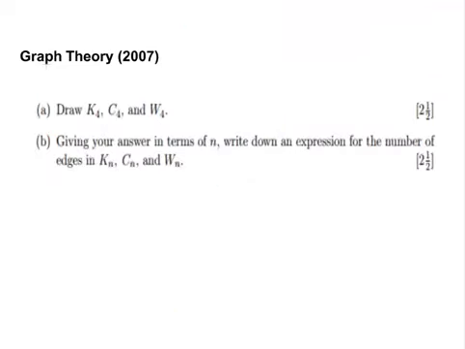Now that's not the full question. Draw K4, C4 and W4. I've drawn K4 already, so I'll just draw C4 here. It's a very quick exercise. 1, 2, 3, and 4. That's C4, the cycle graph.